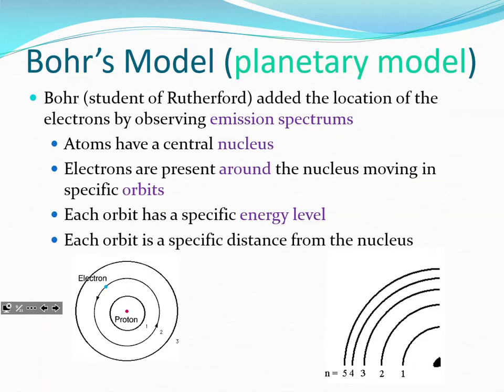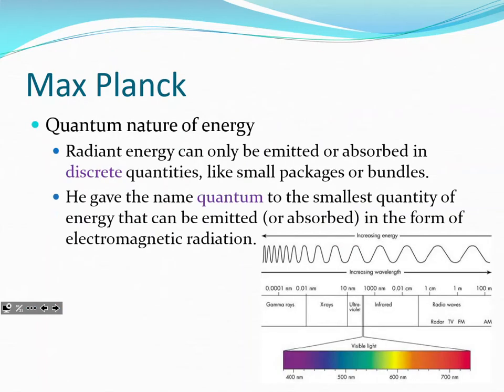And now we start filling in the blanks. So he added the location of the electrons by observing his hydrogen emission spectrum. Atoms still have a central nucleus according to the Bohr model, and electrons are present around the nucleus, moving in specific orbits. Each orbit has a specific energy level, of course, and the orbit is a specific distance from the nucleus.